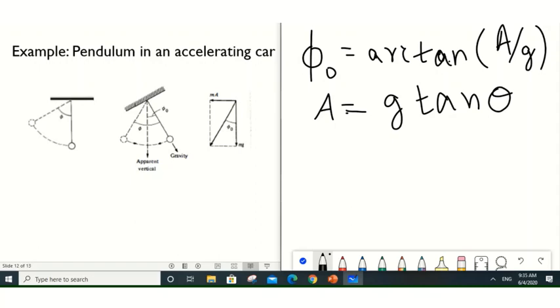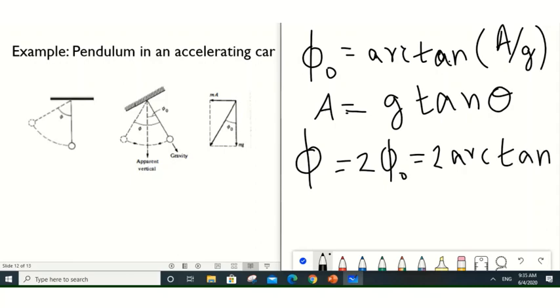Since the pendulum is initially at rest, it swings back and forth, and amplitude phi 0 is the amplitude about the apparent vertical direction. Therefore the total oscillation is equal to 2 phi 0, which is 2 arctan of A by g. This is the third example, the pendulum in an accelerating car.